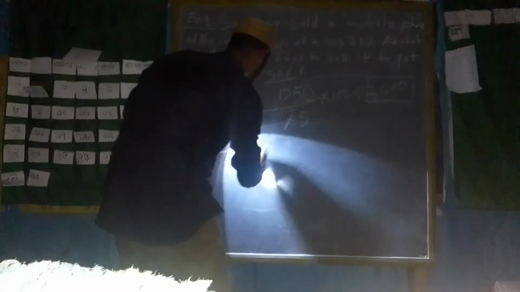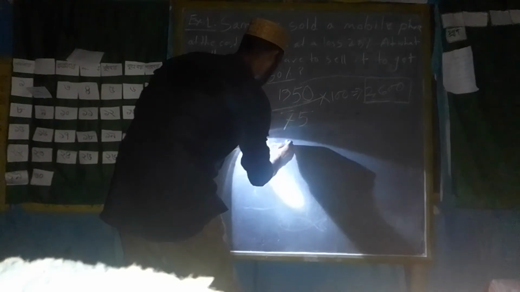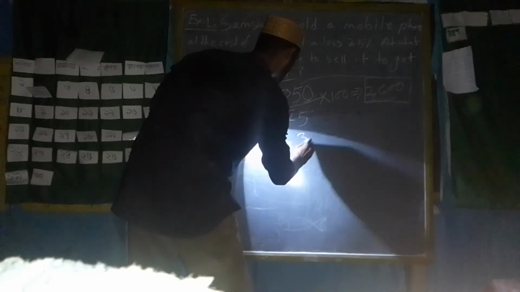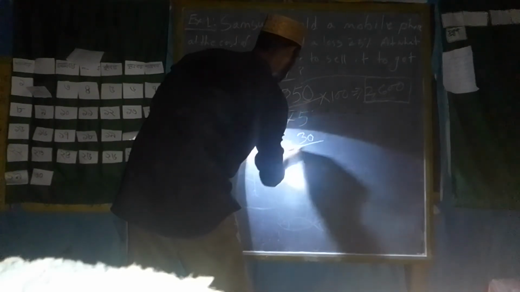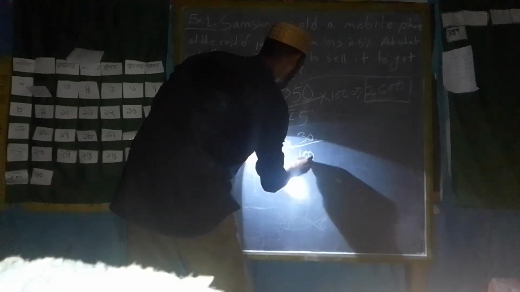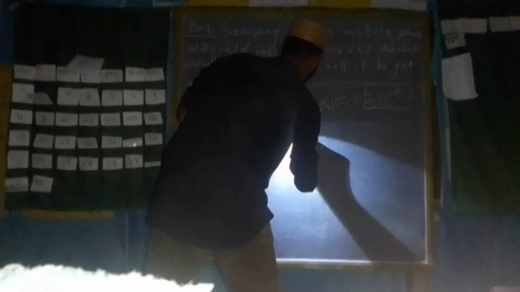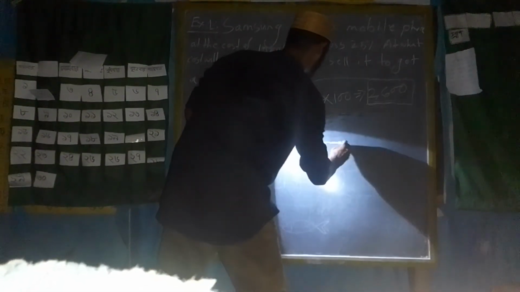We identified the cost price already, 2600. Now 2600 into 30%, we need to gain a 30% profit. Then 30 divided by 100, or directly 130% into 100.